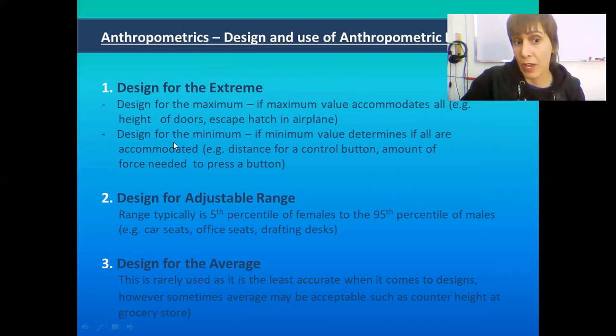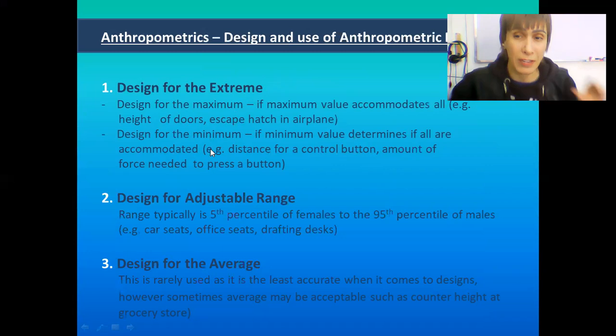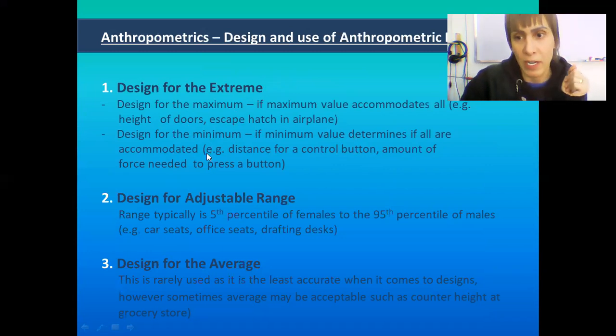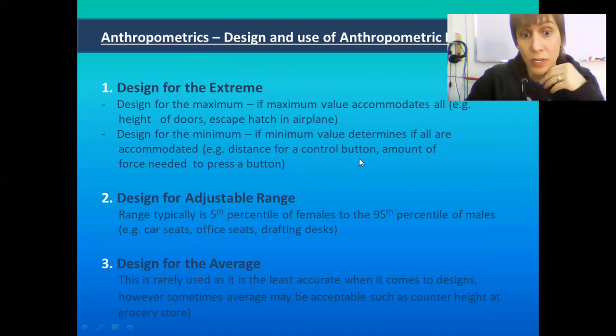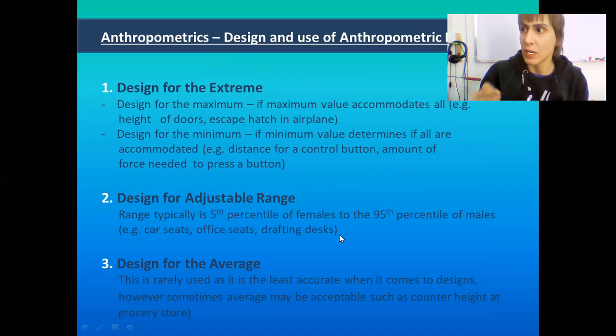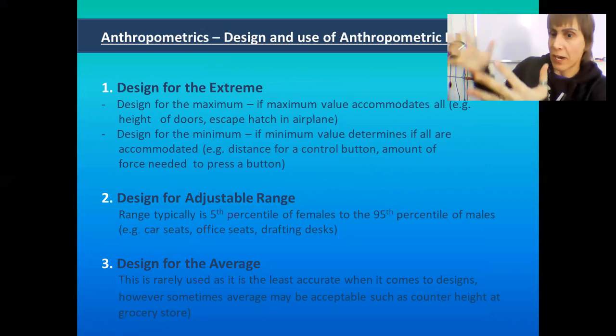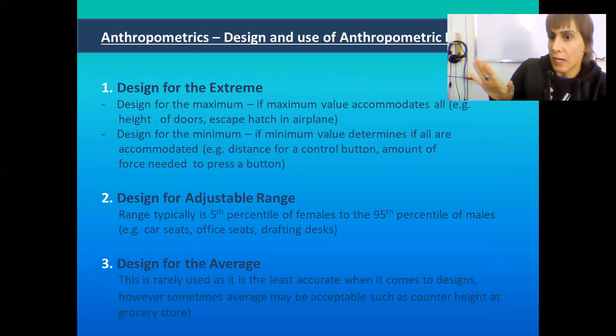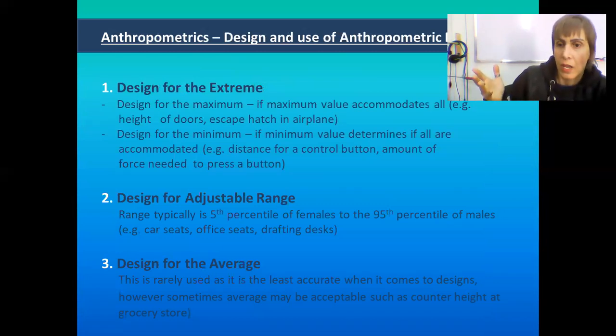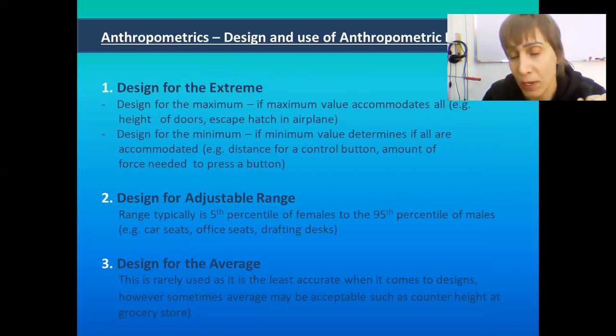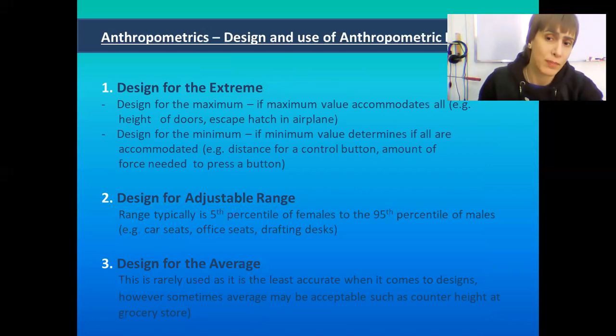Now, when do you design for the minimum, like the small people of the population? For example, distance of a control button. For example, a device where you have to press a button, and for example, the reach for it. Like if I'm a short person and I cannot reach it, it's a problem.